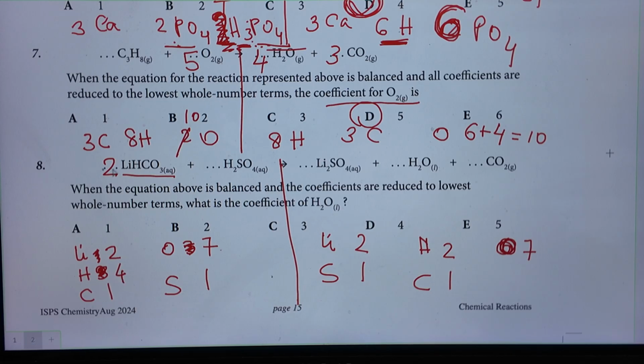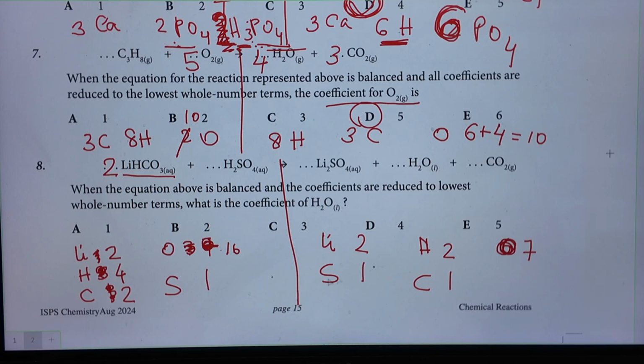And mind you, this might need to be changed again. Carbon is now 2. Oxygen is now 6 plus 4 is 10. And then sulfur stays 1.